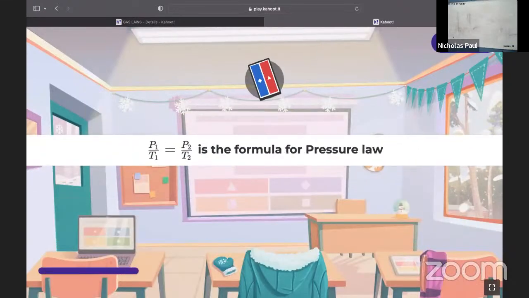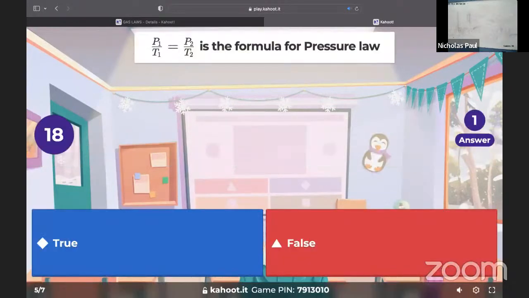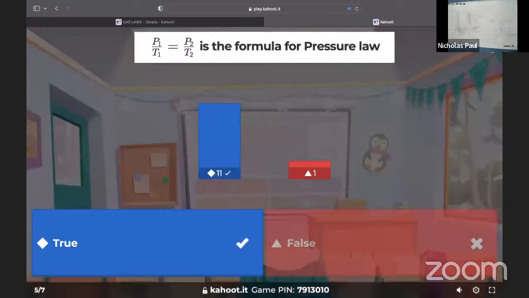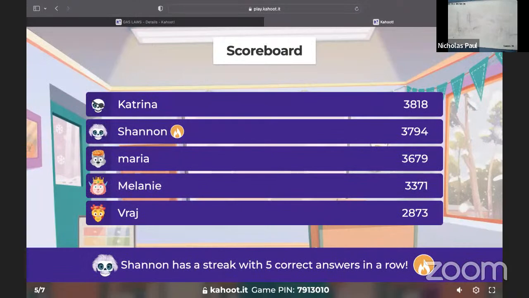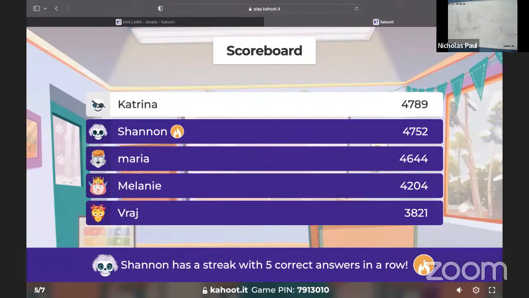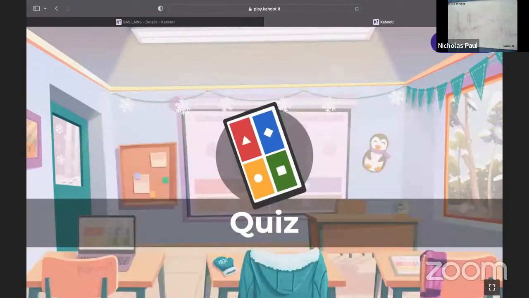Katrina is running the rules here. Pressure law, that's correct. When you give it a true or false, I'll add one more for next week, some calculations. Right, that was much better. No change. Katrina is still on top. 2 more.